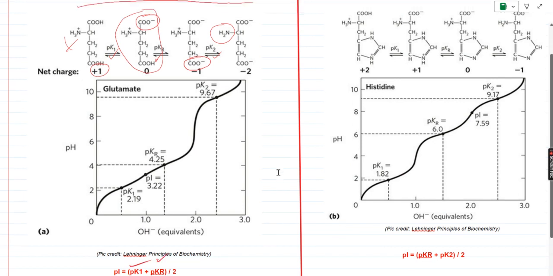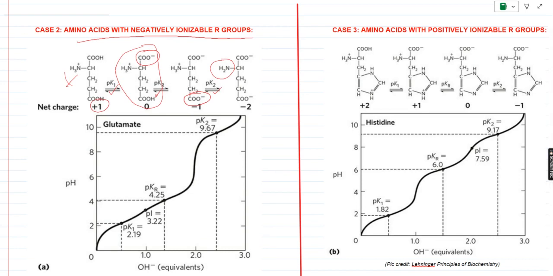Because we have to take that part of the titration curve that involves the Zwitterion. So these two pKs you have to take, pK1 and pKr, which will have the Zwitterion in the middle, because that is the stage of the titration where the Zwitterion is present in its maximum state, and we want that pH, because that pH corresponds to the isoelectric point. That is the reason why we have (pK1 plus pKr) by 2.